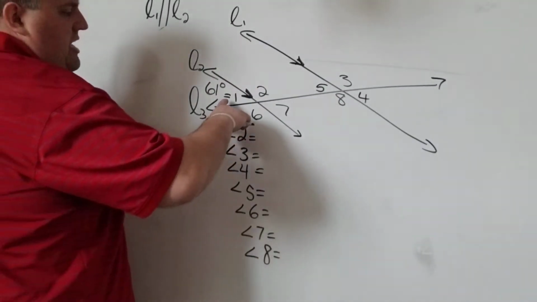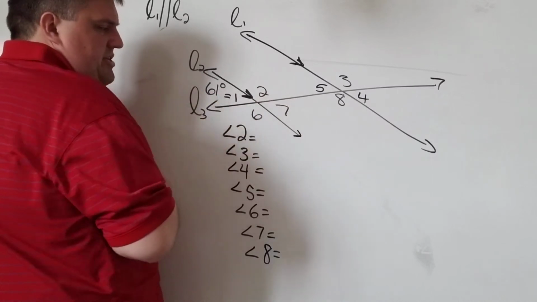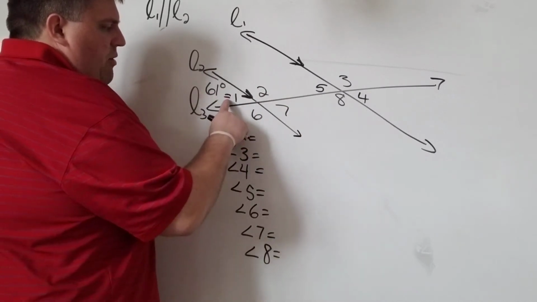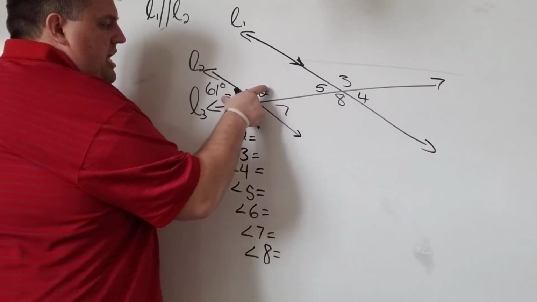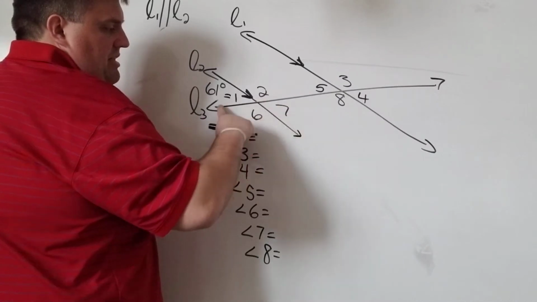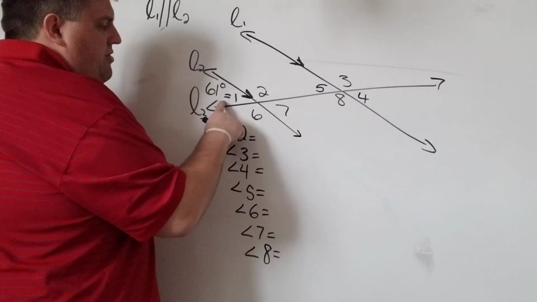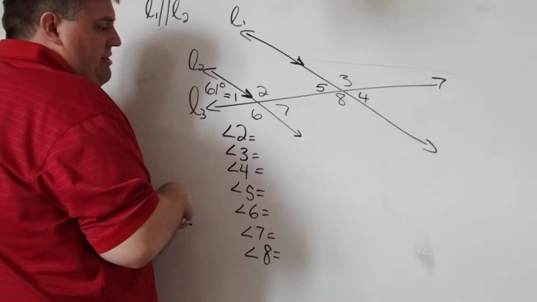So, for example, how big is angle 2 if angle 1 is 61 degrees? Well, what do we know about angle 1 and angle 2? We have to look at the relationships we know. In this case, they are supplementary. They're right next to each other. They make this straight line, right? So I know that if angle 1 is 61 degrees, angle 2 has to add up to 180 with it.